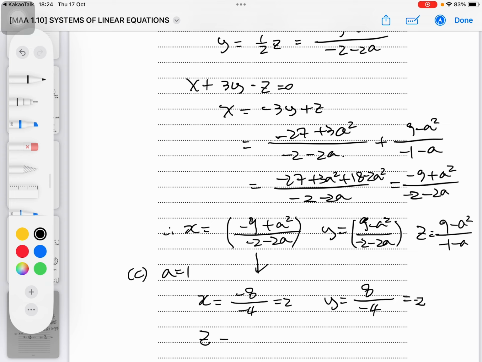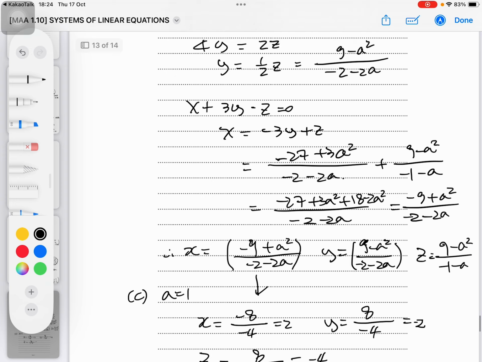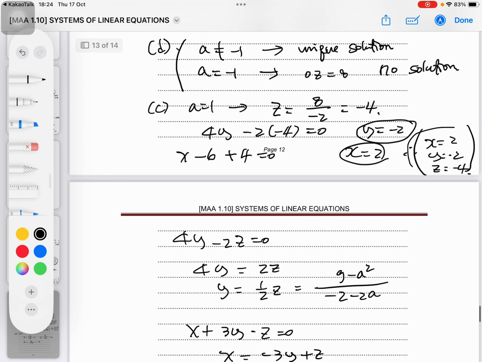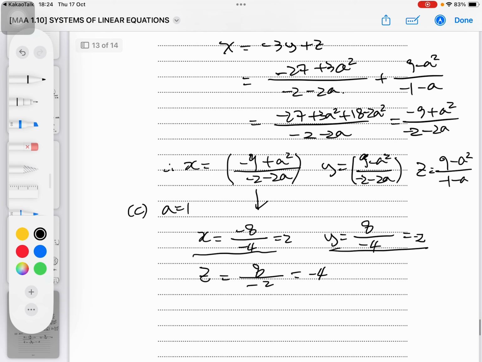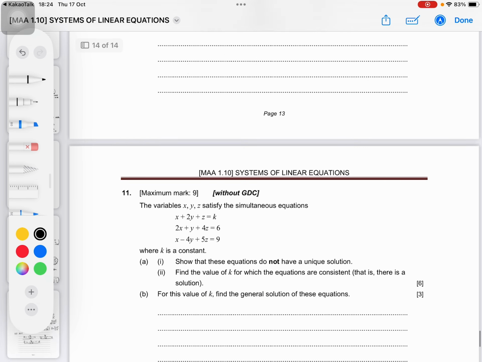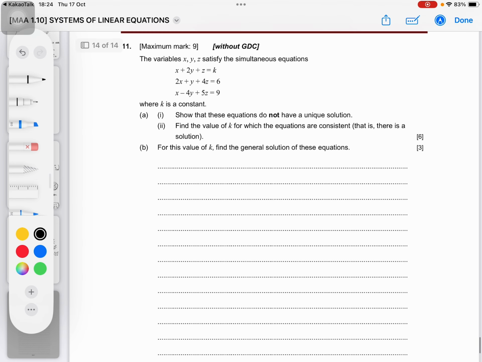And z equals -2 and 8, which is -4. Oh, was it? Yes, it's the same answer. So this was the answer. And number 11. So x, y, z is like this. And show these equations do not have a unique solution.